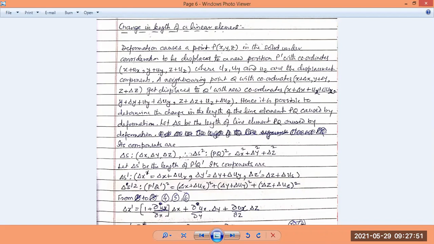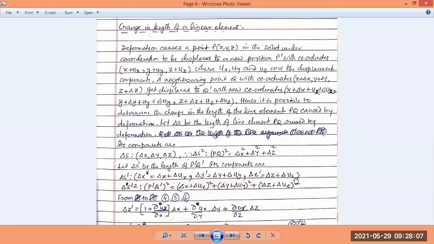So its components will be like this: delta x dash is equal to delta x plus delta ux, delta y dash is equal to delta y plus delta uy, and delta z dash is equal to delta z plus delta uz.